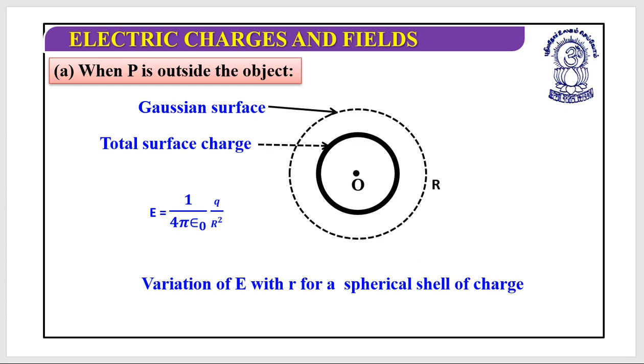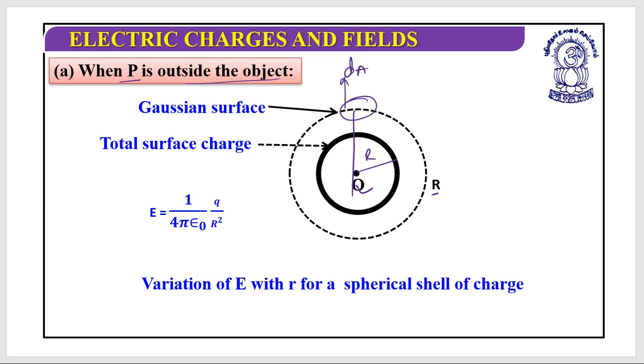So let's begin. When point P is outside the object, let's say this is charge Q having radius R, and this is the location where you need to find the electric field. Again you are going to do the same thing.